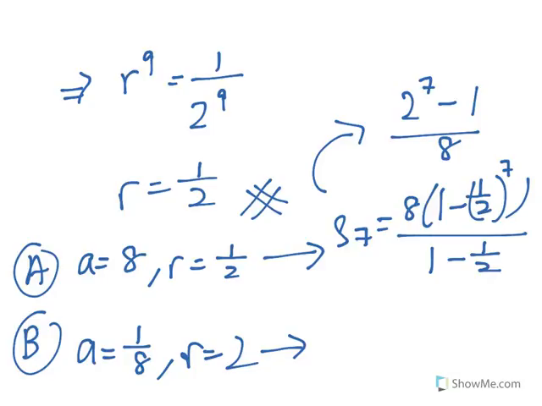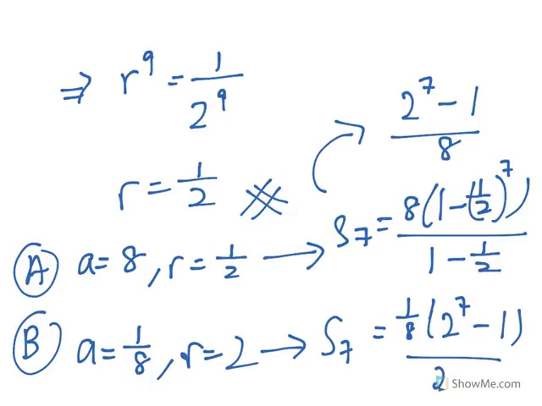For series B, we do the sum of 7. The first term is 1 over 8. In this case, the common ratio is more than 1, so I'm going to use the other formula, r power n minus 1 over r minus 1, so it's just r minus 1. Similarly, this will give you the same answer.